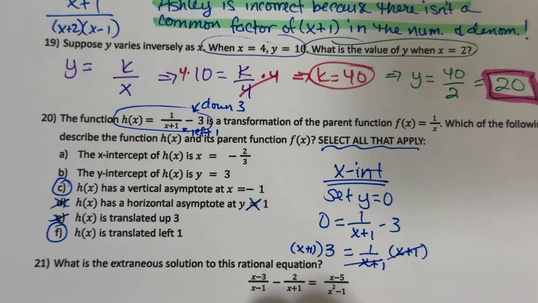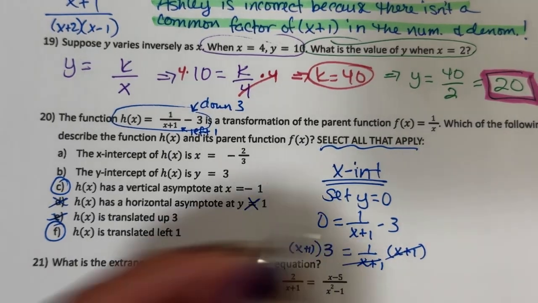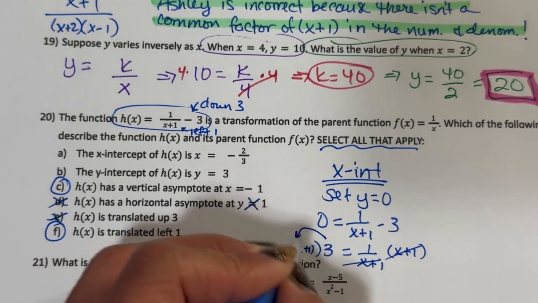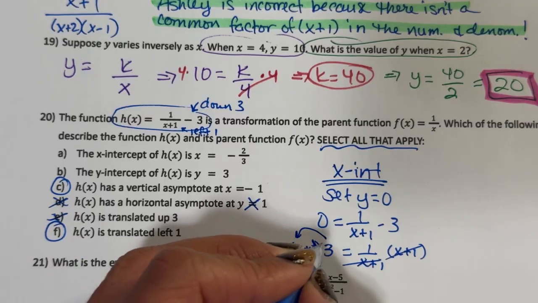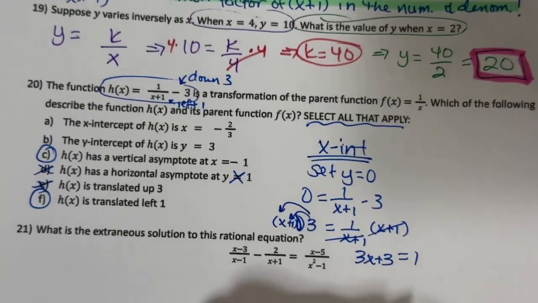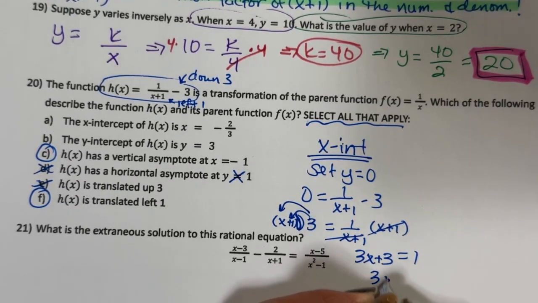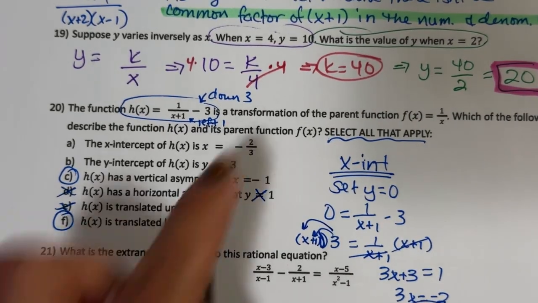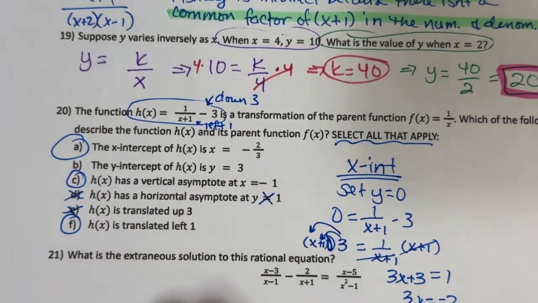So 3 times x and 3 times a 1, so that would be 3x plus 3 is equal to 1. Subtract that 3 over. 1 minus 3 is a -2. Divide both sides by 3. X is equal to -2/3. Is that what it says? Yes. So A is one of them.